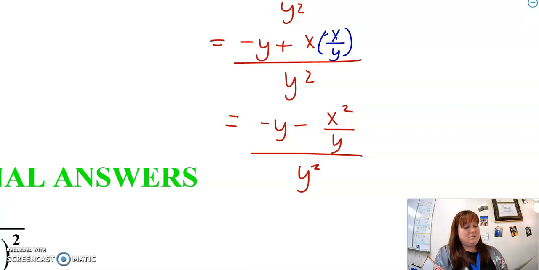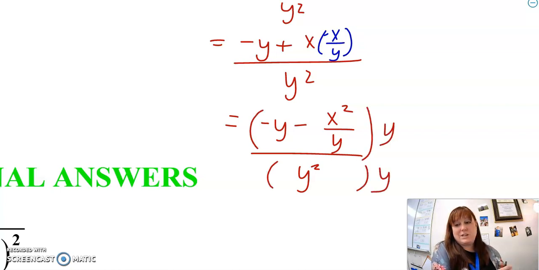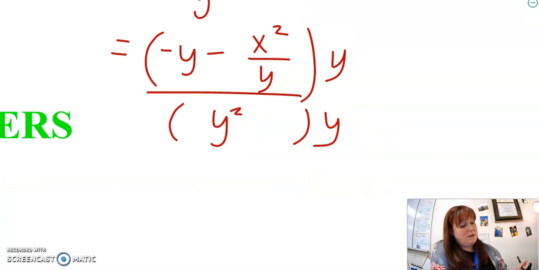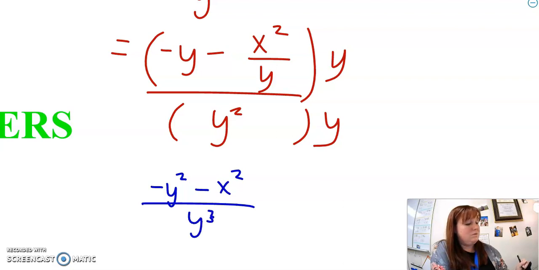And then let's get a common denominator on the top. Actually, let's multiply top and bottom by y, because we want to clear the fraction. Anytime you have a fraction inside of a fraction, a lot of times you just clear it by multiplying by the denominator. So if I multiply this entire thing by y, I get negative y squared minus x squared over y cubed.